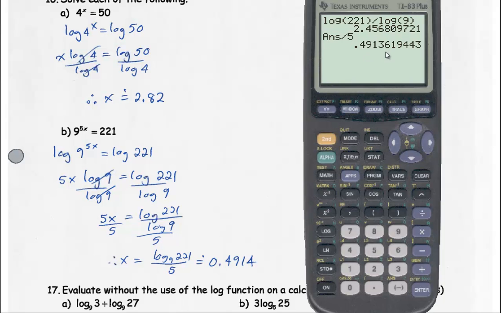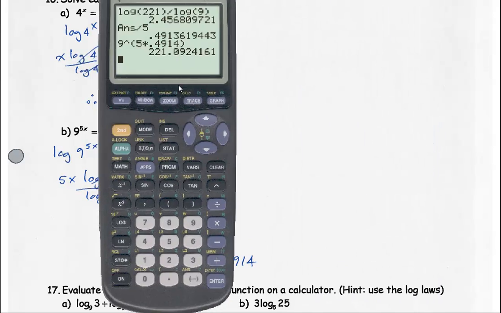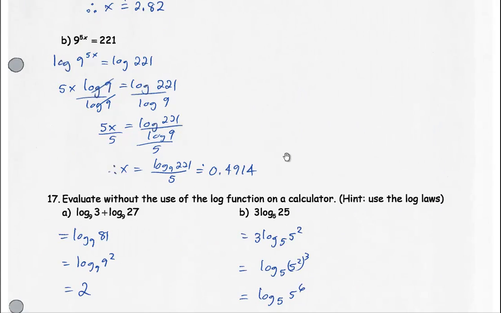So that's where my 0.4914 to 4 decimal places would come from. And again, we can check to see if that's correct. 9 to the power of 5 times 0.4914 should work out to be pretty close to 221, and it is. And of course, if I use my last answer, I would get exactly 221.